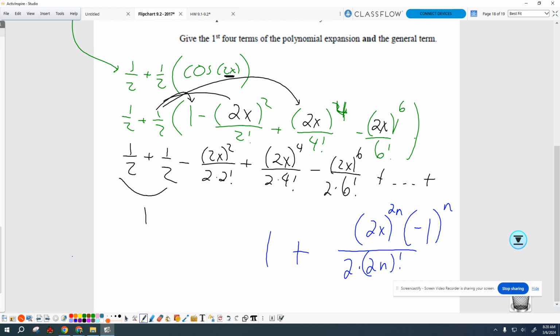What does n have to be to make my first term work? 0? If this is 0, I get to the first and a -1 and a half. So I think I need to have the 1 plus, and I want n to start at 1. I have 1 plus, and then the rest of that, I have a general term.